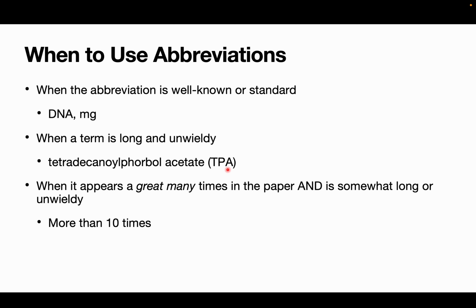And then we keep referring back to TPA after we've defined it, right? When it appears a great many times in the paper and is somewhat long or unwieldy. So if something is long or unwieldy and it appears more than once in the paper, you can definitely use an abbreviation. I would say even less than 10 times, maybe more than 4 or 5 times if it appears that many times.